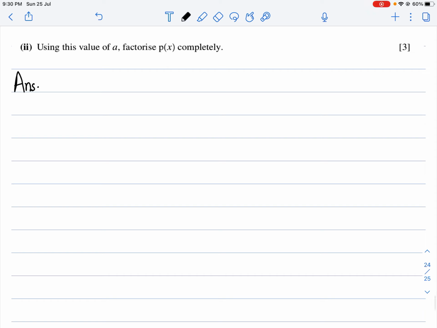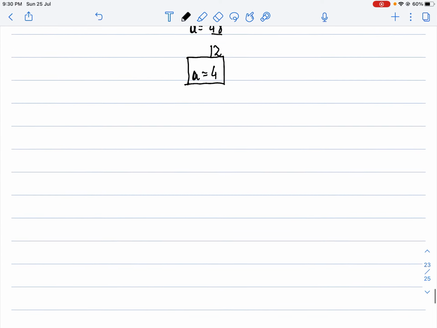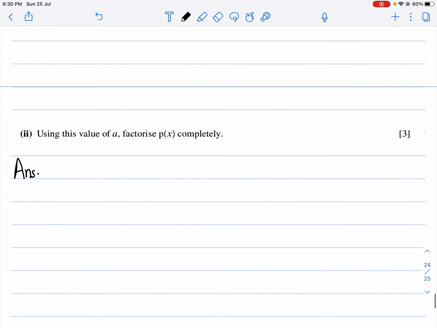Now using this value of a, factorize p of x completely. Another factorization question, so that we are 100% sure with this concept and have a perfect grip on this. First, I need to write my p of x in the quotient into divisor plus remainder form.